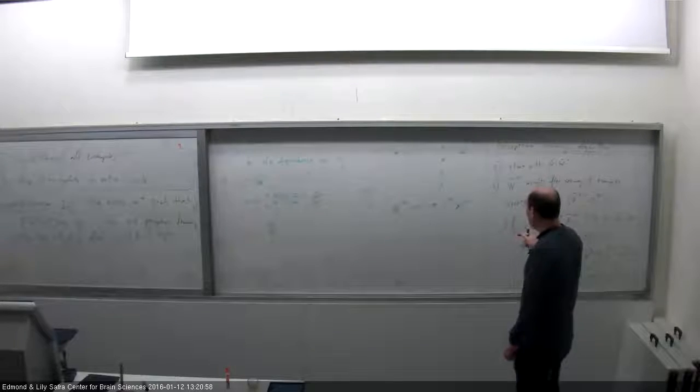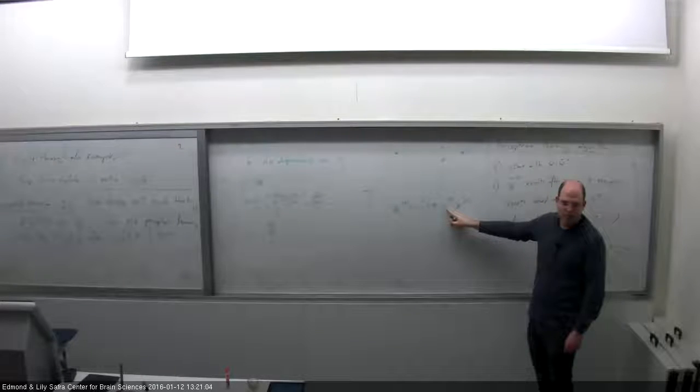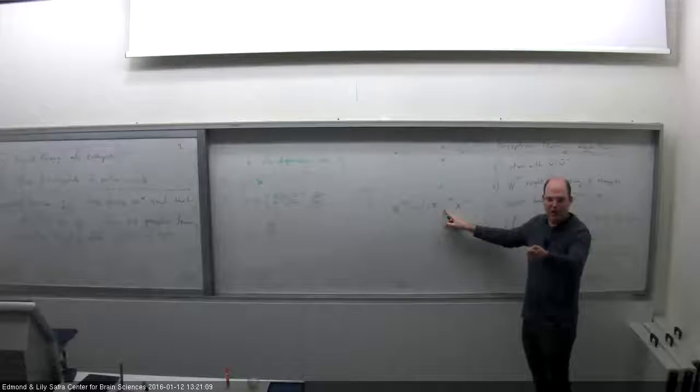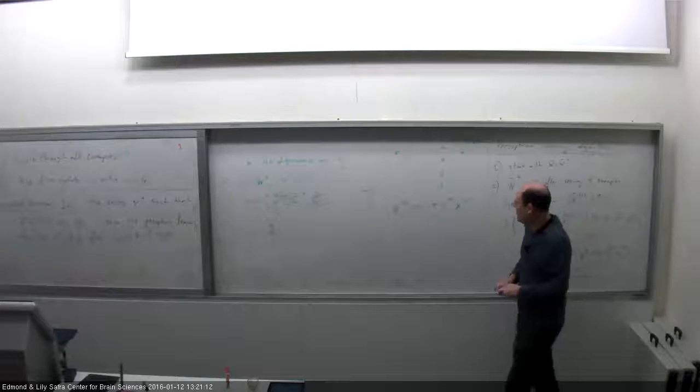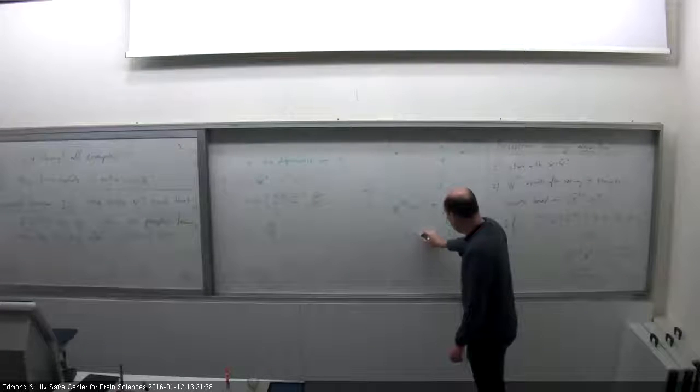Actually, we should really think about it a little bit more carefully. This is not the activity of the output neuron. This is the desired activity of the output neuron. But you can also think about this as the activity of the output neuron times some signal, which is +1 if the neuron has done the correct thing. So let's think about this as the sign of W t transpose x t plus 1.